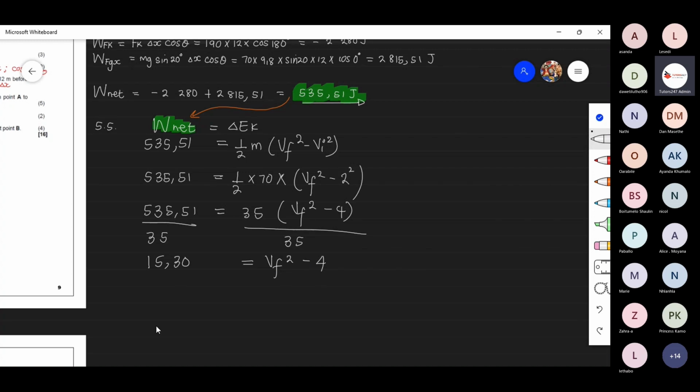From here, we can take 4 to the other side. So it becomes 15,3 plus 4, which is equal to Vf squared. Let's just quickly add it up. That's going to be 19,3.